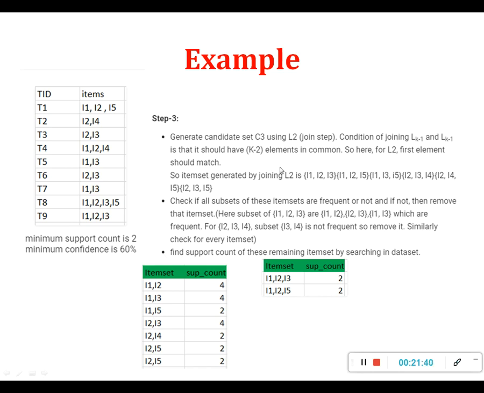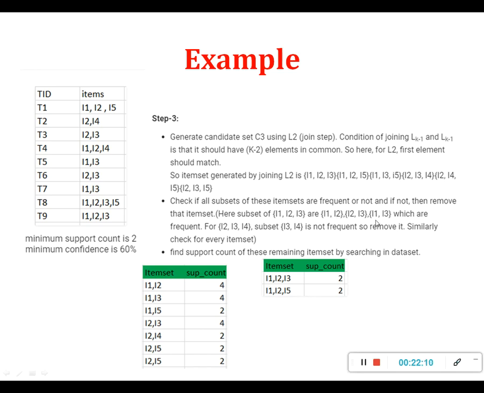So these are the generated item sets, but we create the candidate set only when their subsets are frequent. So I need to check, if I am considering I1, I2 and I3, what are the subsets of I1, I2, I3? Subset, not the superset, I am talking about the subset. For I1, I2, I3, the subsets are I1, I2, then I2, I3 and I1, I3.